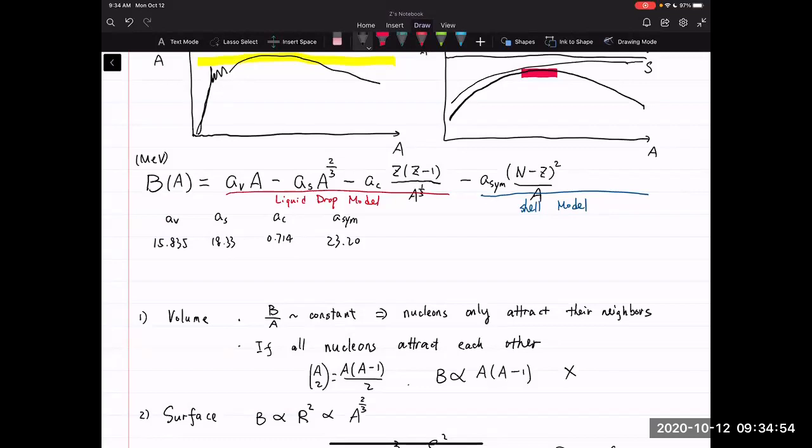That's called the obvious odd-even effect in the separation energy. So that term should also be reflected in the binding energy. So depending on whether there is an even number of neutrons or an even number of protons, when they are even, the binding energy should be more, right?